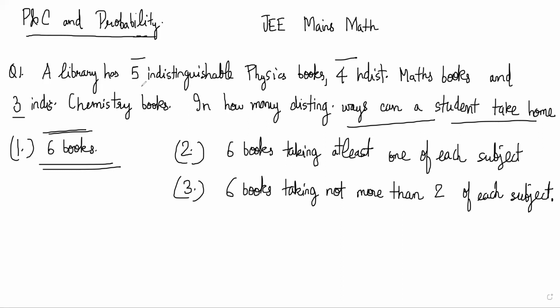There are 5 exactly alike physics books, 4 exactly alike maths books, and 3 exactly alike chemistry books. And how many different ways can a student take home 6 books? You have to think of cases. Total number of books has to be 6.